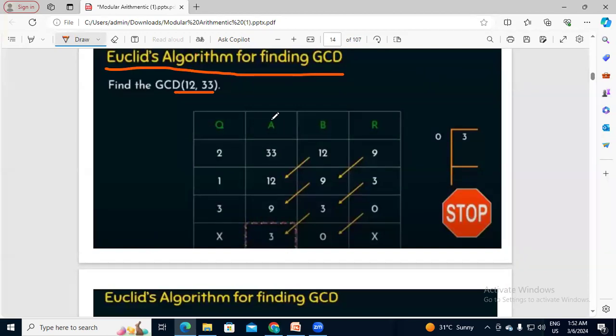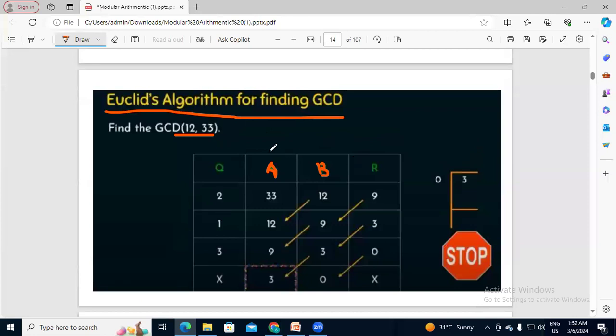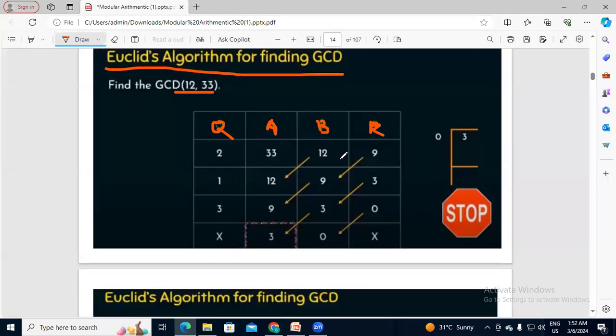You take the numbers as a and b, and make sure that a is greater than b. Here 33 is greater, so we consider a as 33. Here you write the remainder, whatever you have after the division operation, and here you write the quotient. You divide 33 by 12, write the remainder and the quotient, and then perform the swapping: b gets swapped to a, and the remainder gets swapped to b.